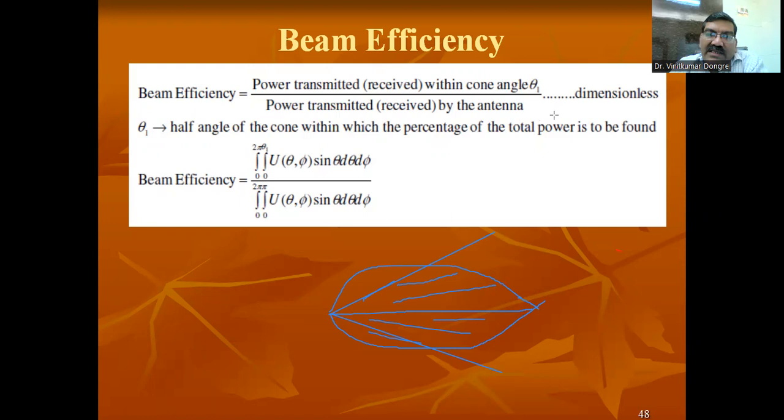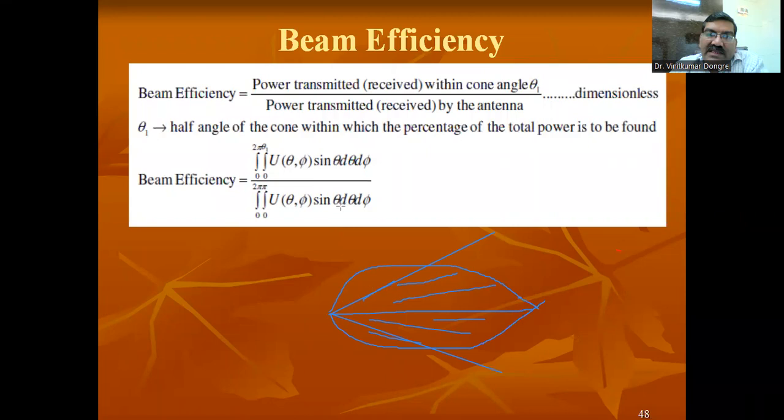This antenna's total power transmitted is only within this angle. So it has 100% beam efficiency. Understood? Because whatever power this antenna transmits is only in this beam, and we are taking this angle theta 1.